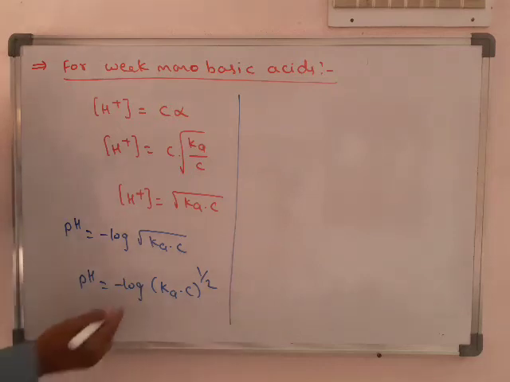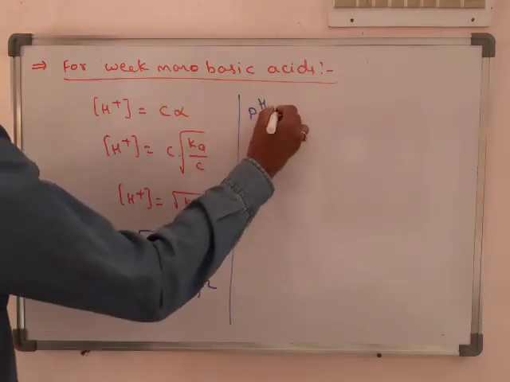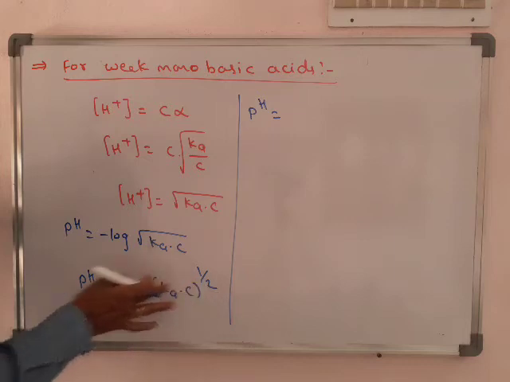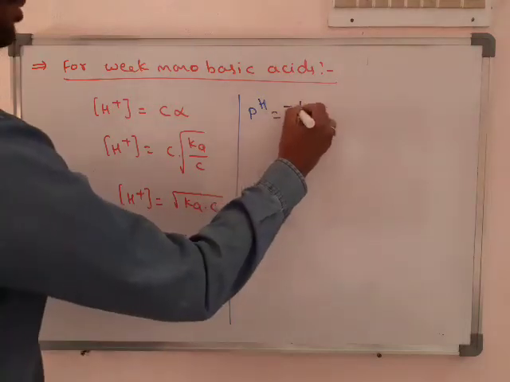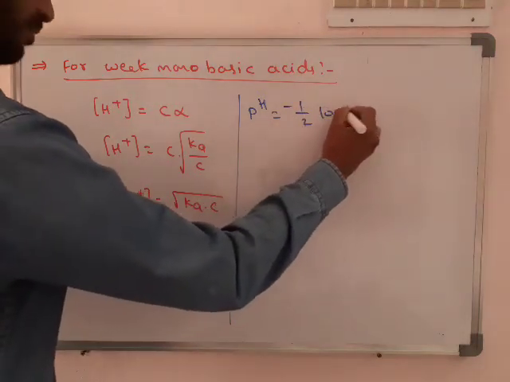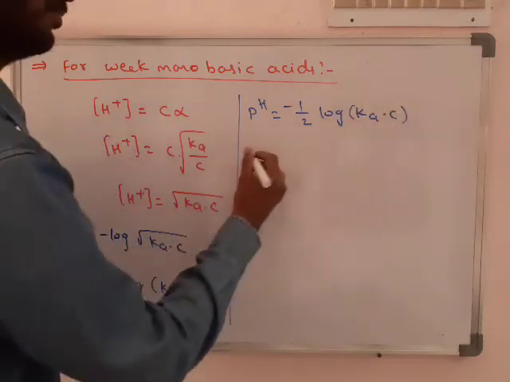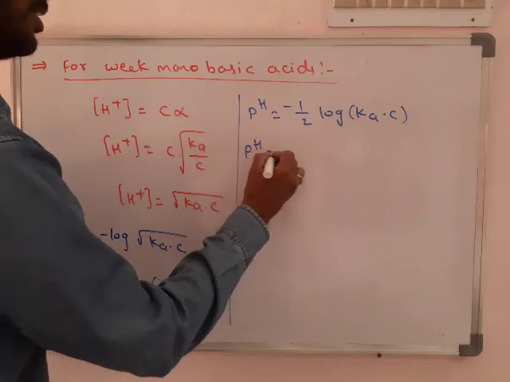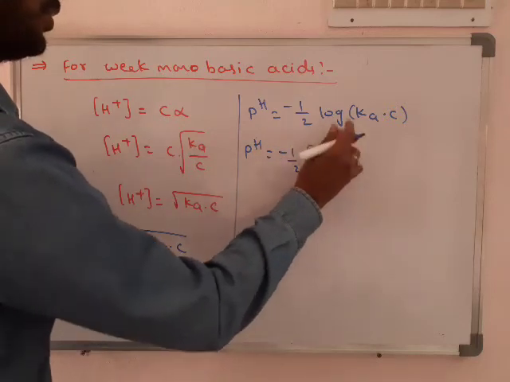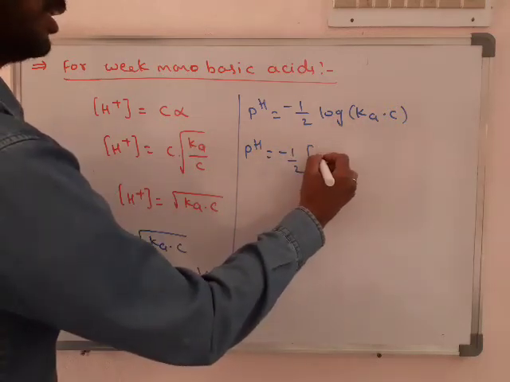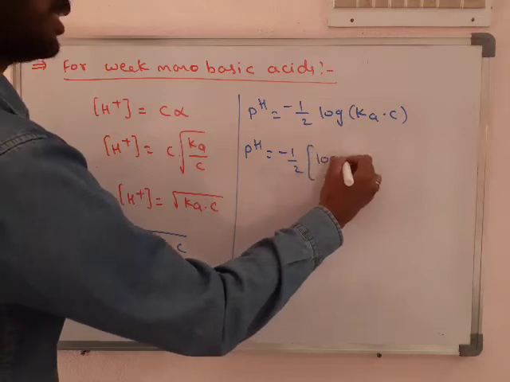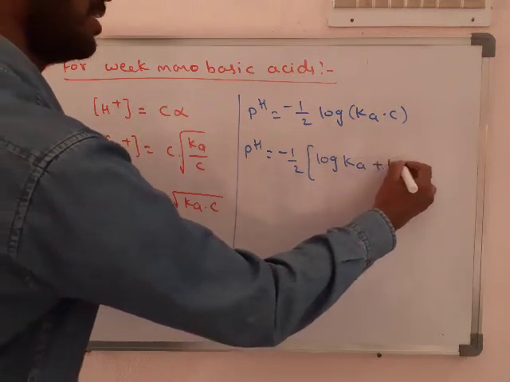In the logarithm calculation, the power comes to the starting point, becoming minus 1 by 2 log of Ka into C. So pH equals minus 1 by 2, and we know log A into B means we can write log A plus log B.